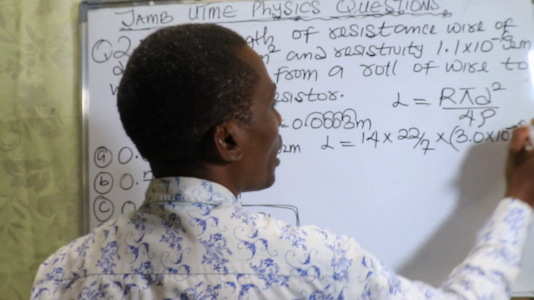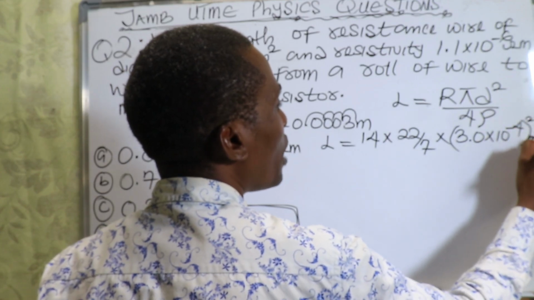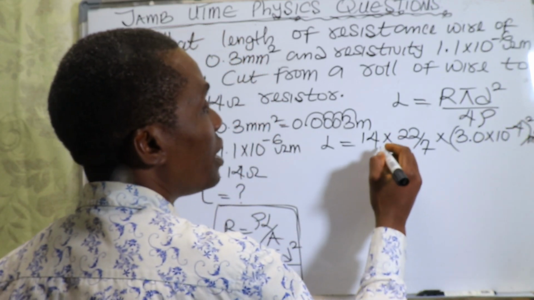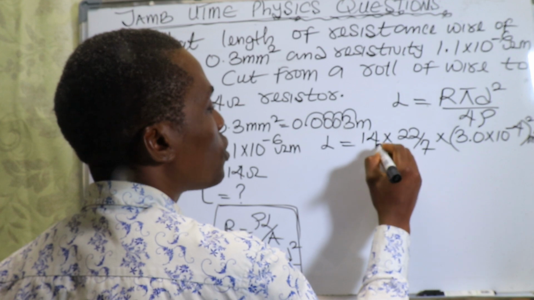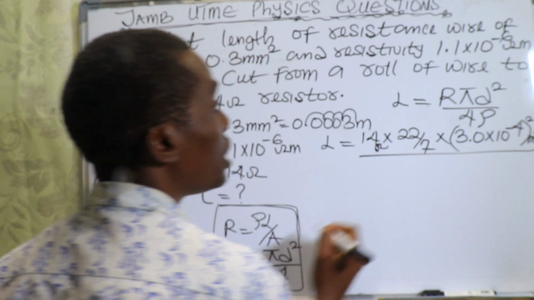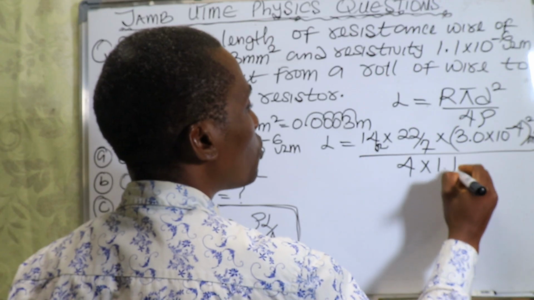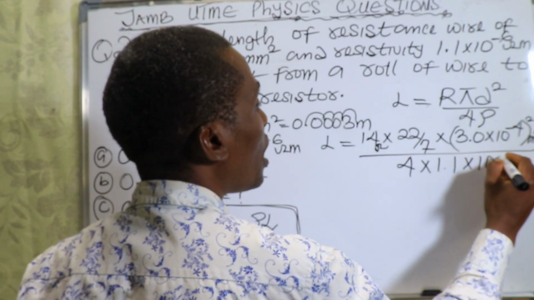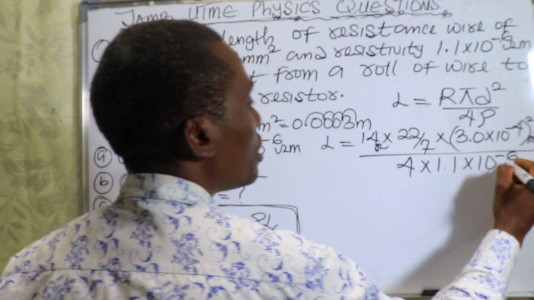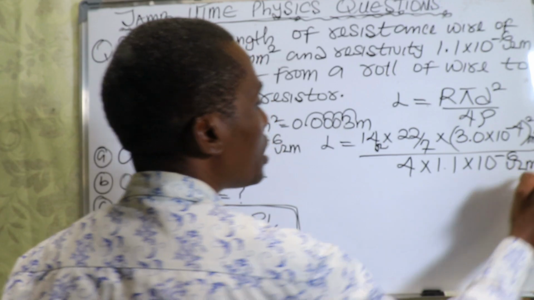Remember it is squared. That one will be meters squared, and this one will be ohms. So all of these will be divided by 4 times 1.1 times 10 to the power of minus 6. This one is ohm meter.